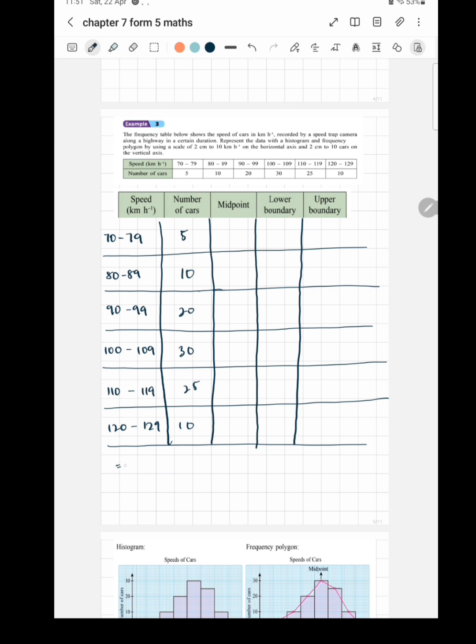As usual, we're going to take the upper limit of the first class plus the lower limit of the first class, divide it by 2, and then calculate it, and I'm getting 74.5. For the second class, it's 84.5.